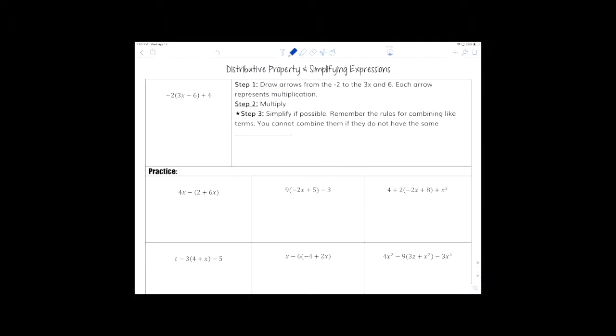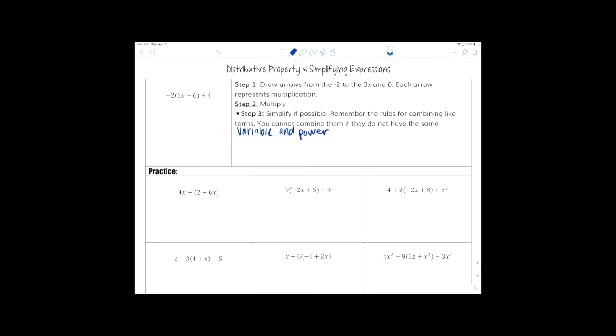You can't combine terms if they do not have the same what? Variable. Good. With power. Variable and power. Or if they don't have any variables. That's on the front too.